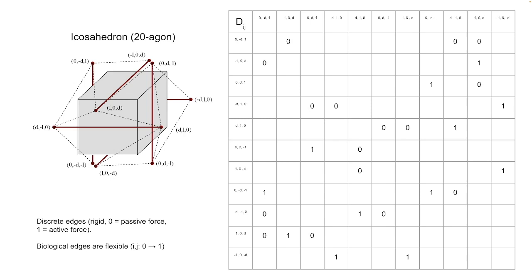Biological edges are flexible over time, so they can have a value. Sometimes if you have a rigid structure, you want something that's either 0 or 1, but if you want some sort of flexible structure or soft material joining those things together, where the forces are being loaded, like you find in a lot of biological structures, you want a range of values between 0 and 1.